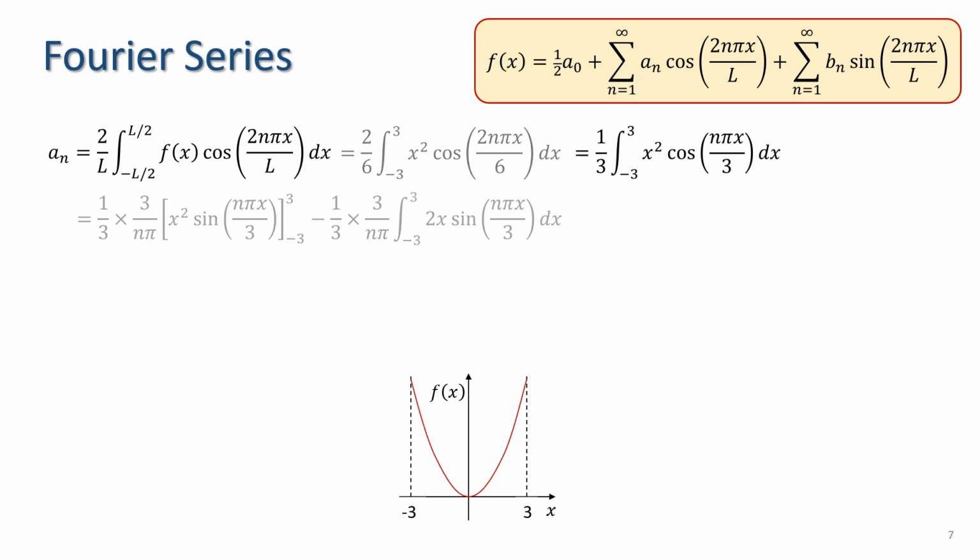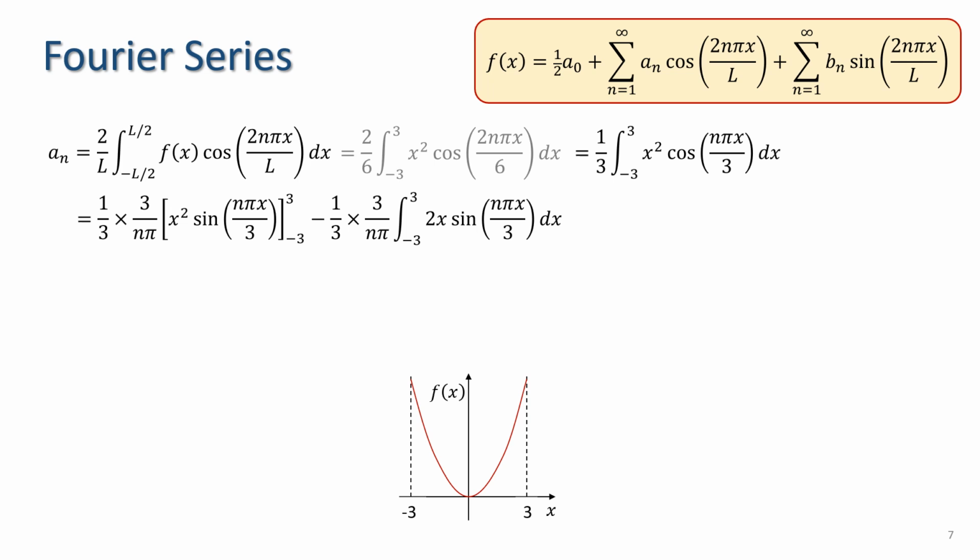Integrating by parts, we have 1/3 times 3 over n pi times x squared sine n pi x over 3 evaluated between 3 and -3. Minus 1/3 times 3 over n pi times the integral between -3 and 3 of 2x sine n pi x over 3 dx.